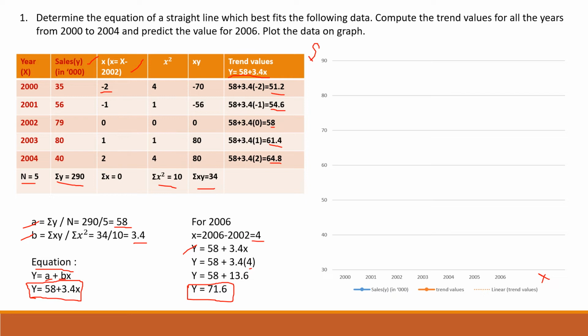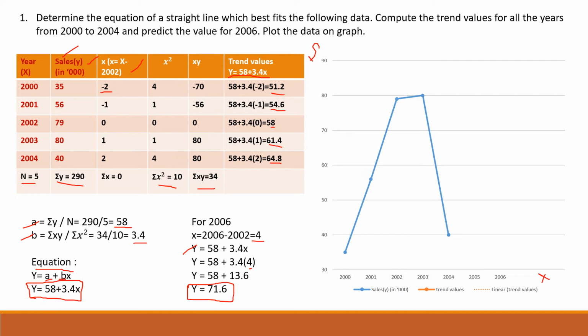So first we have to plot the values of y. That is, the actual values of y have to be plotted on the graph. It will be like this. For 2000 it is 35, 2001 56, 2002 79, 2003 80, 2004 40.